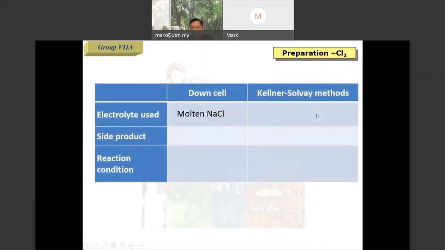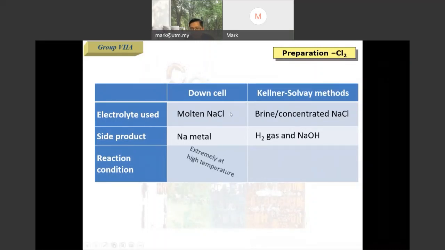The difference between the Downs cell and the Kellner-Solvay method, as you can see, is that the electrolyte used for the Downs cell is molten sodium chloride, whereas the Kellner-Solvay method uses brine, concentrated sodium chloride. The side product for the Downs cell is only sodium metal, so it is relatively straightforward.